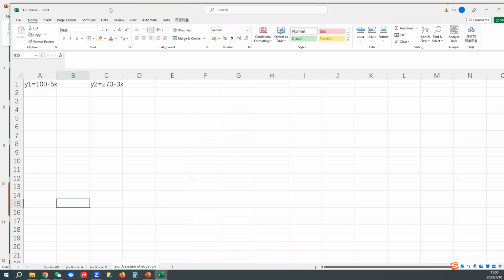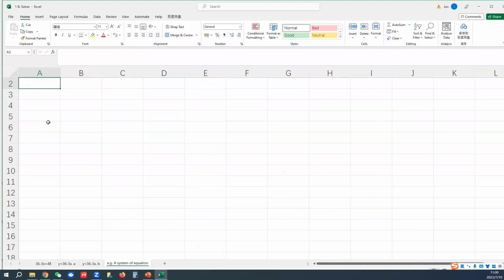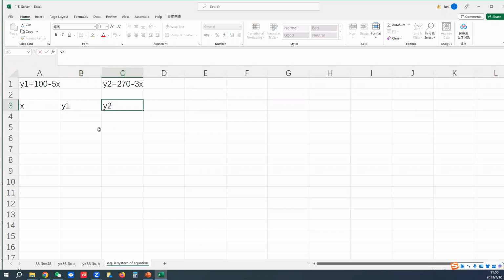Okay, so here what we have is these two equations. I've copied and pasted those here. What you have to do is find an x that makes these two equations hold, which means these two equations should have the same value of y, right? So here what we can do is calculate the difference in y's.